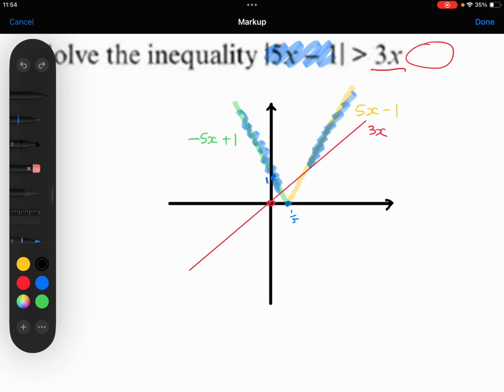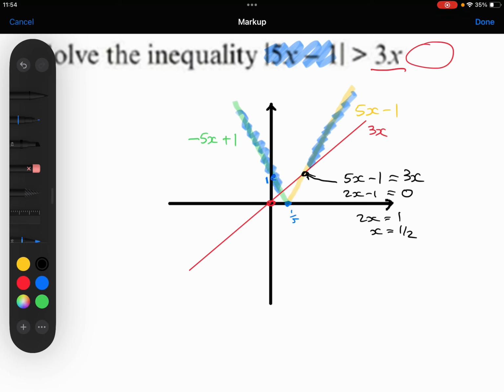So I'm going to work out what this x coordinate here is, which is where the yellow part of the graph, 5x minus 1, is equal to the 3x, which is where 2x minus 1 equals 0. So 2x is 1, so x is 1/2 at this point.